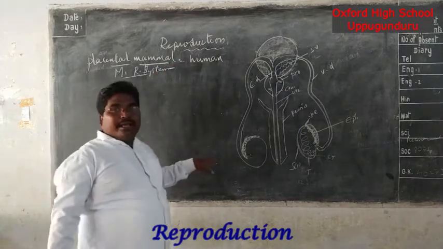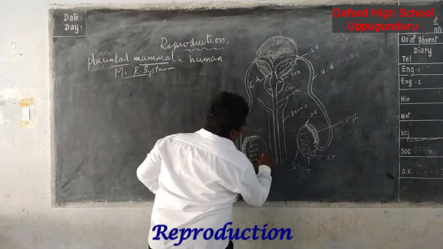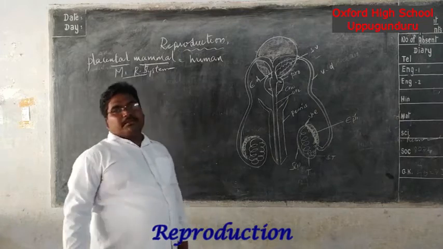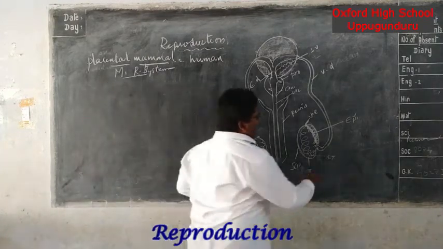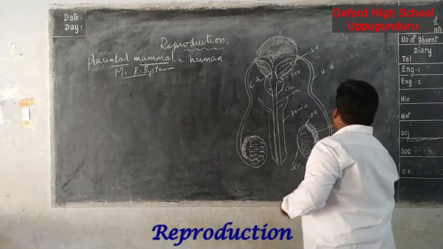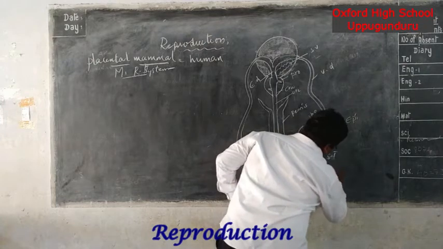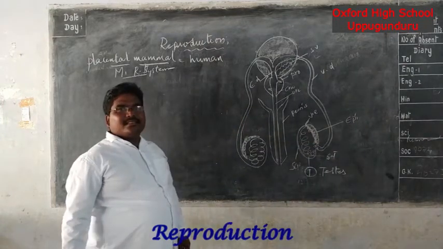If we observe the male reproductive system, a number of parts are present in it. In the male reproductive system, the first one is a pair of testes.